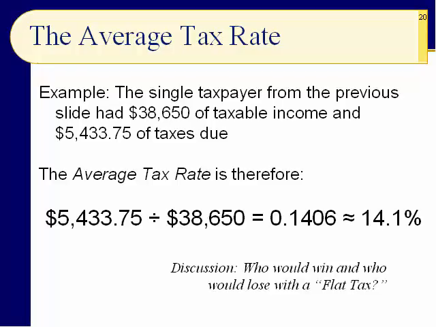Because that individual that we just looked at is being taxed approximately $5,430 on $38,650. And that turns out that they're paying an average tax rate of 14%, even though they're in the 25% tax bracket.